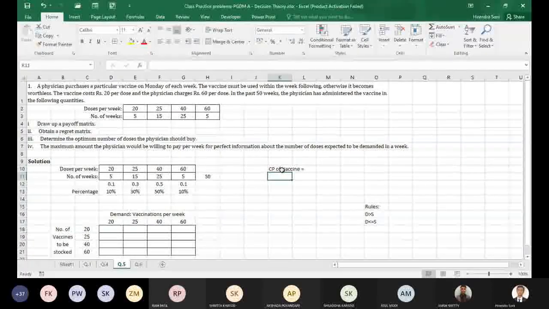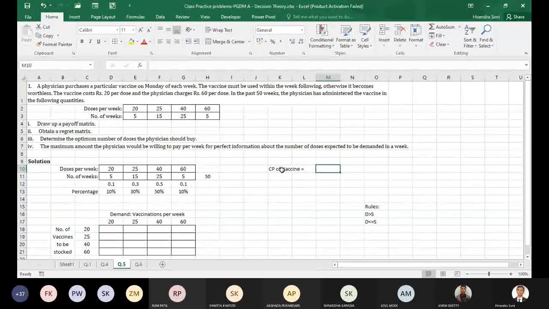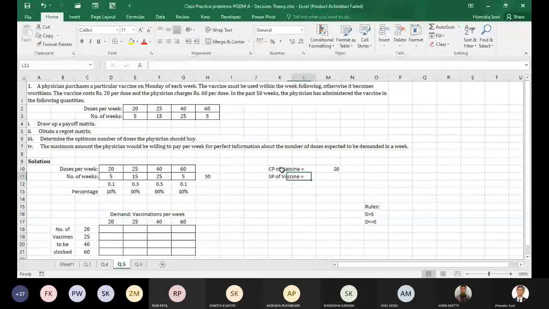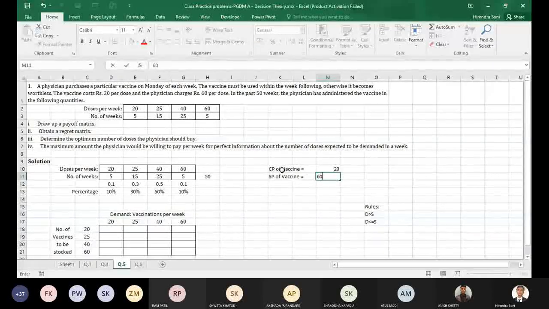So that means his profit per vaccine would be 40 rupees. Correct? Are we okay up to here? Yes, sir.